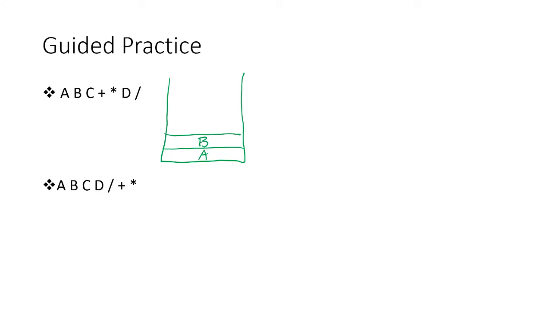So pop off that, pop off B plus C, and pop off the A. And let's put that back on. Okay, now I have a D and then division. So division, have D, and then I have A times B plus C.